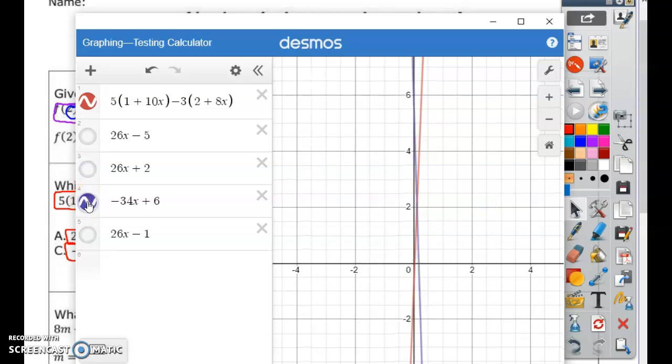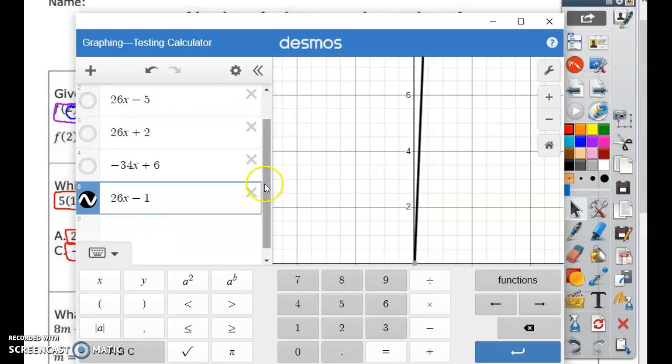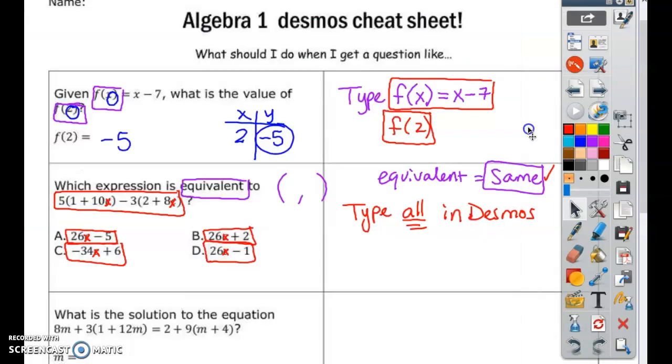Then I turn on the next one. That's not it either. Turn on the last one, and that one's it. You can click back and forth from the red to the other one, and they're the exact same. Because they're equivalent, iguales, that's the answer. So the answer is D.